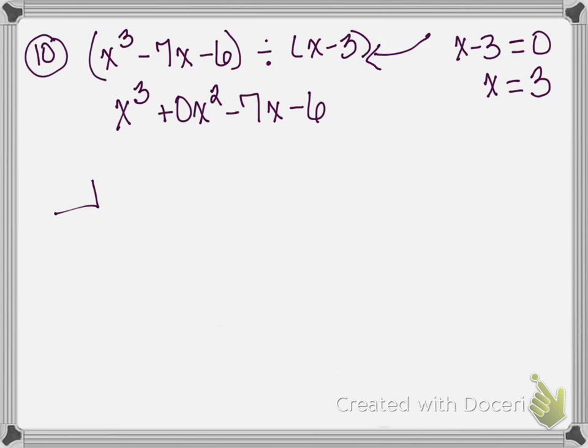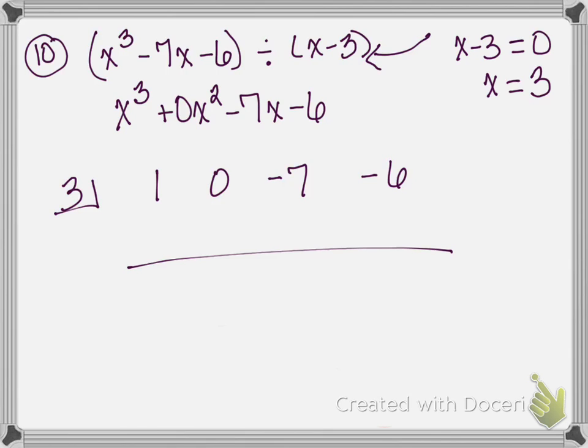So that's something that students get confused on right there. That's what I put in my box. I put the solution in my box. I do not put the factor. Then I bring down just my coefficients. I don't do anything else.